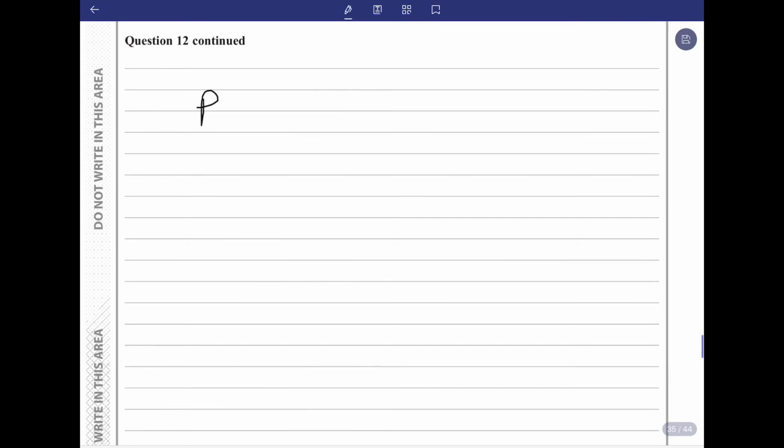So P equals the 7th root of 50,000 over 32,000. And don't worry, you don't have to do this in your head. There's a nice handy function on your calculator. So let's go ahead and do that. 7th root of 50,000 over 32,000.